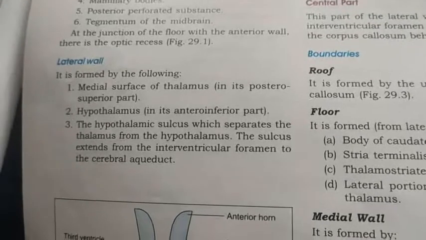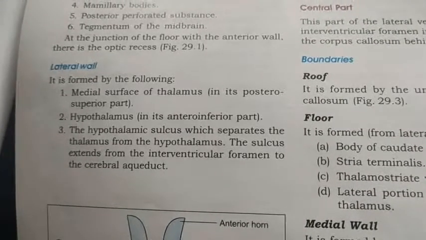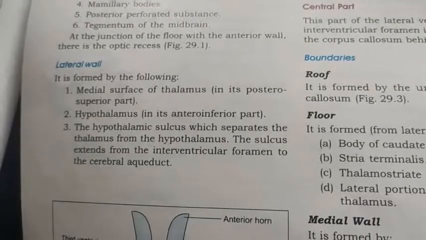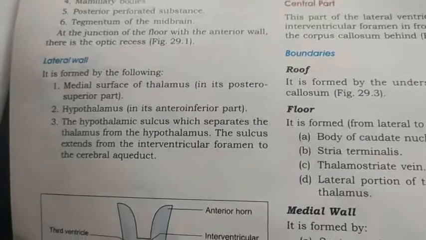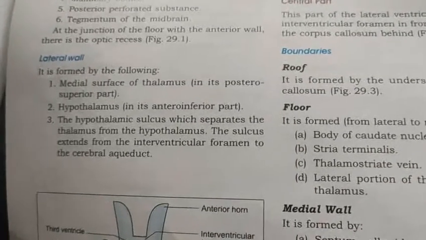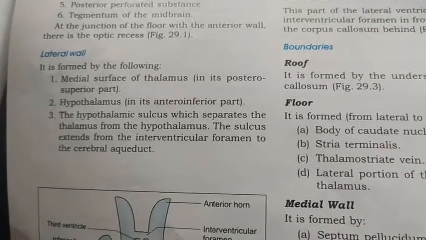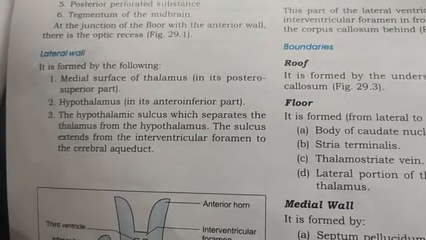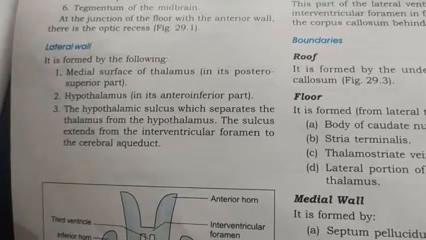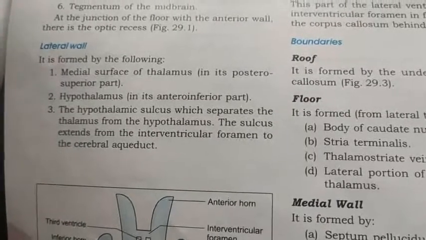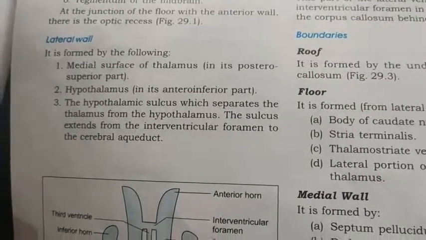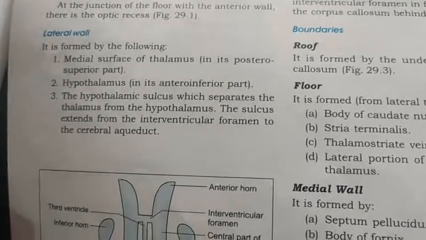The hypothalamic sulcus separates the thalamus from the hypothalamus. The sulcus extends from the interventricular foramen to the cerebral aqueduct. Through the cerebral aqueduct there is a communication from the fourth ventricle to the third ventricle. It is all filled with CSF.